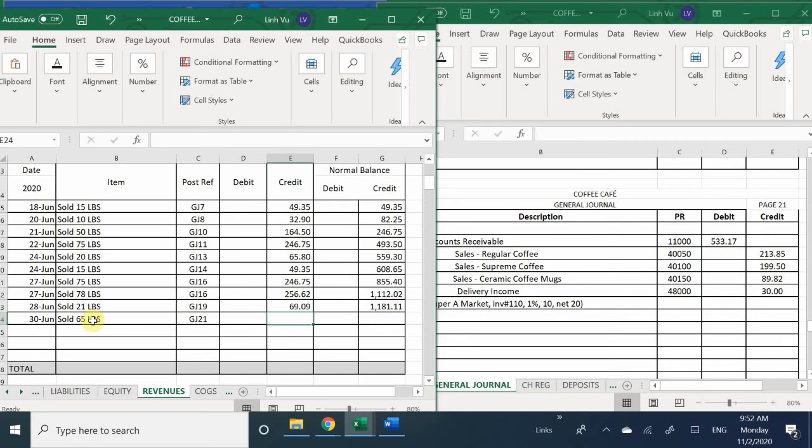That's 65 pounds, correct. And it's for $213.85. Good. One, two, three. I think I have those right.